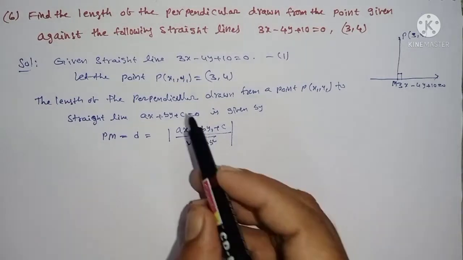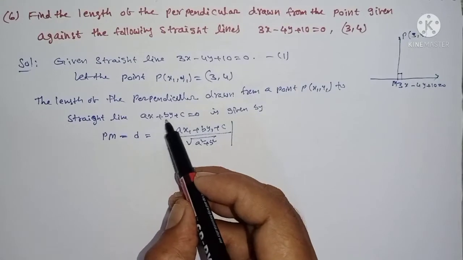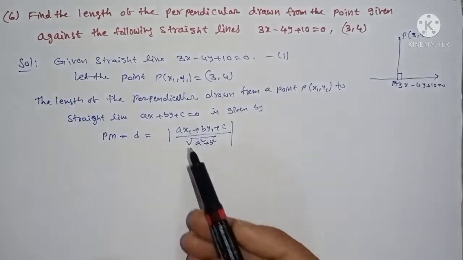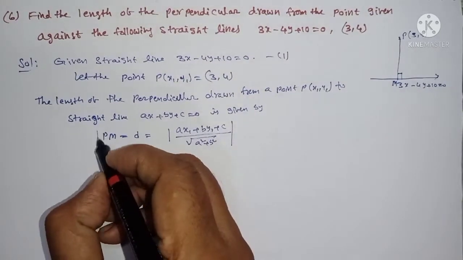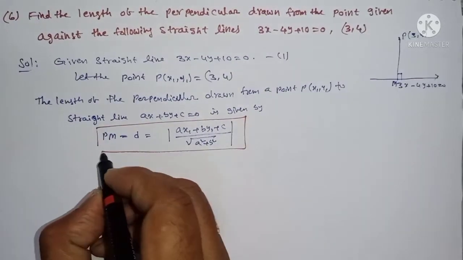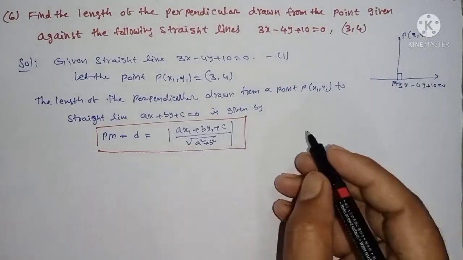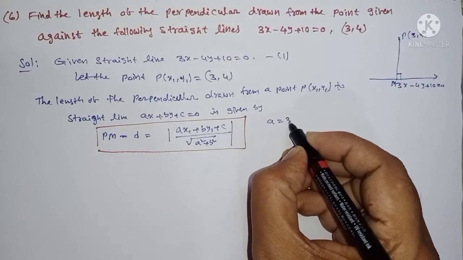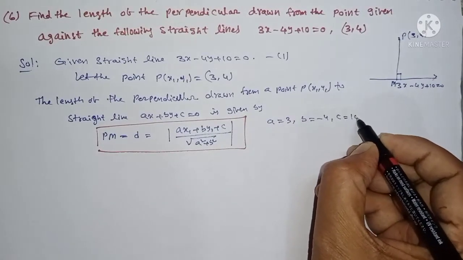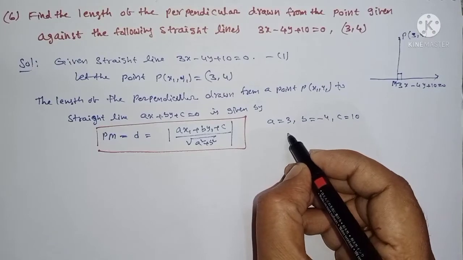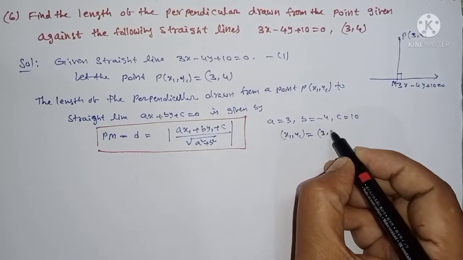The length of the perpendicular drawn from P of x1, y1 to the straight line ax plus by plus c is equal to 0 is the formula mod of ax1 plus by1 plus c by under root of a square plus b square. Therefore, here a is equal to 3, b is equal to minus 4, c is equal to 10, and x1, y1 you already wrote, that is 3, 4.